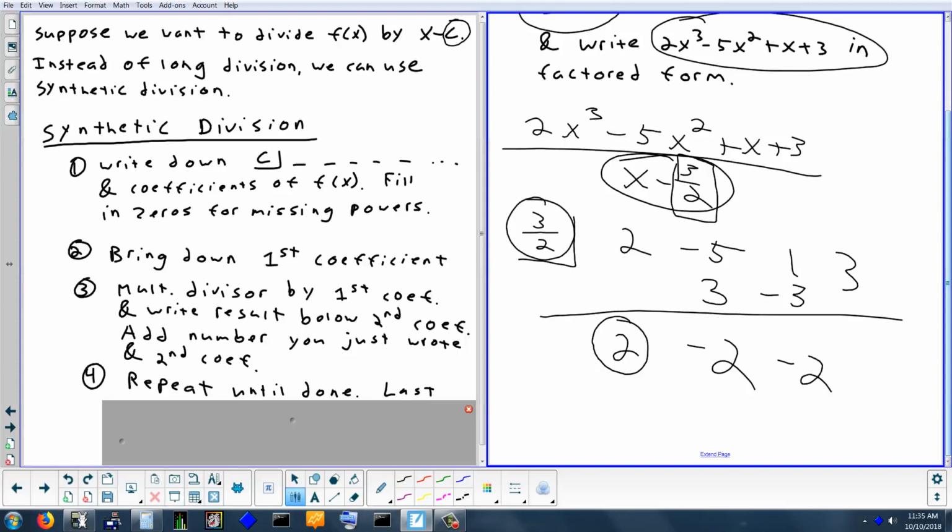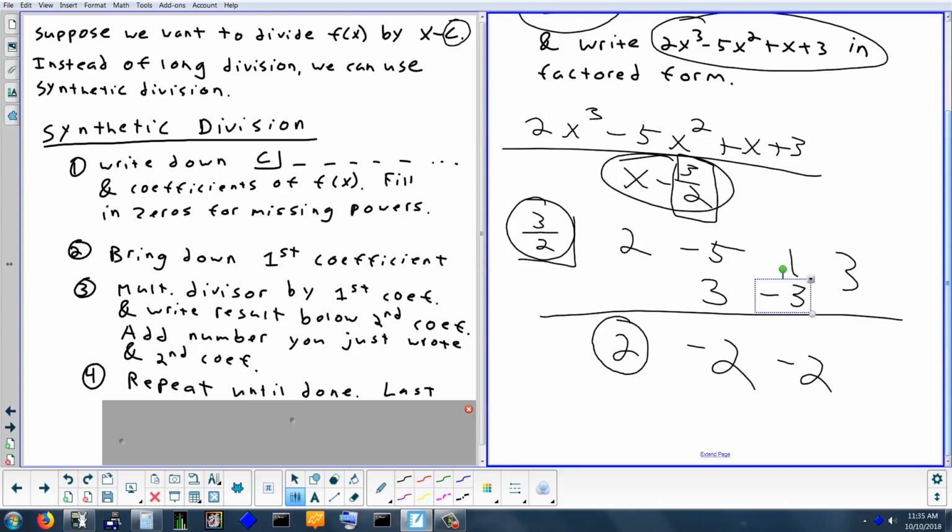Now do it again. 3/2 times -2 gives me how much? I'm confused on what you did after you did the -5 plus the 3. So we did -5 plus 3 is -2. -2 times 3/2 is -3.